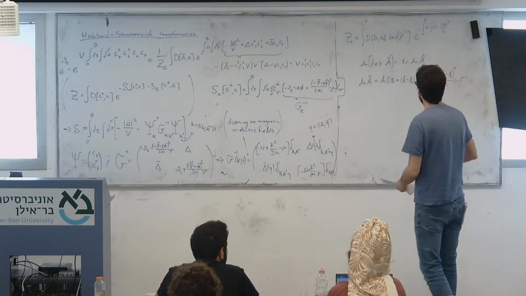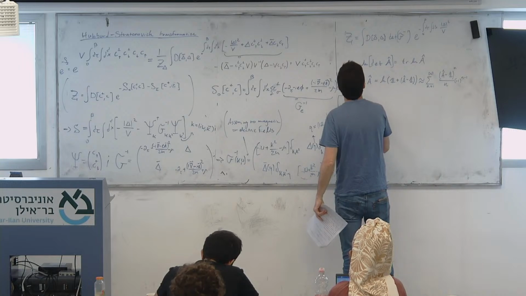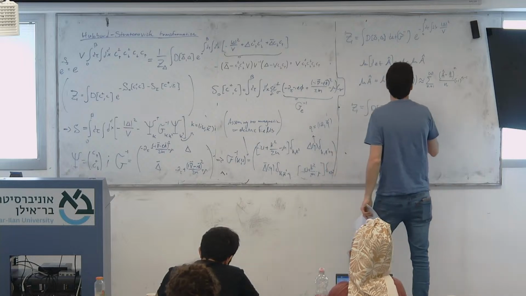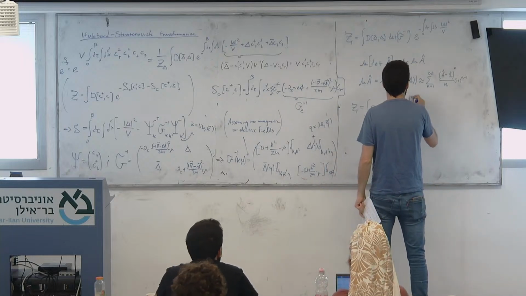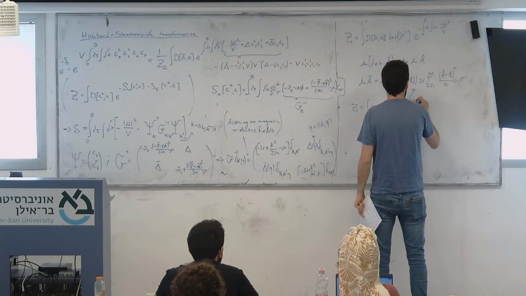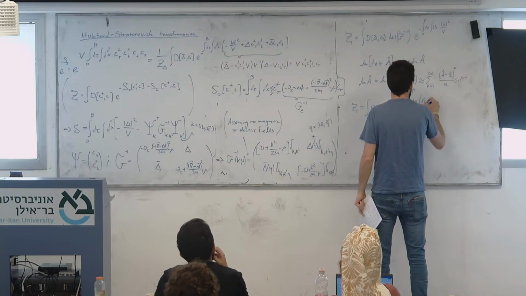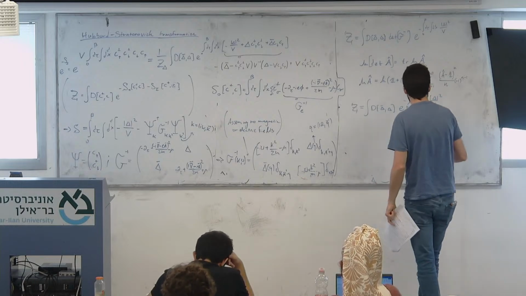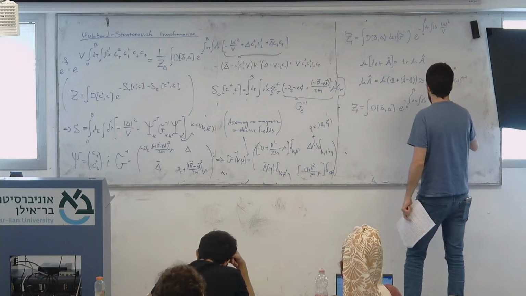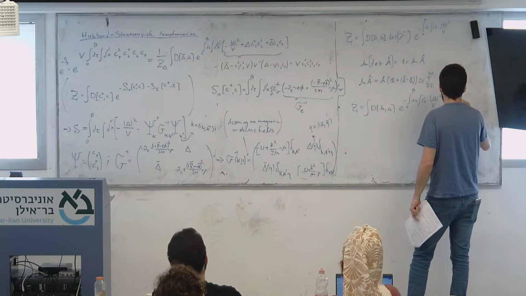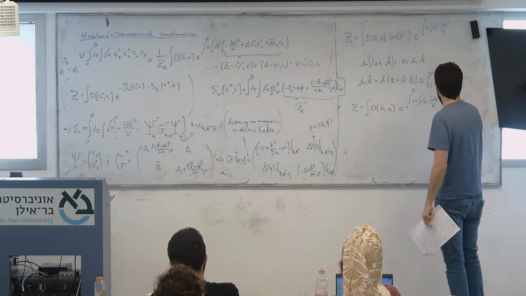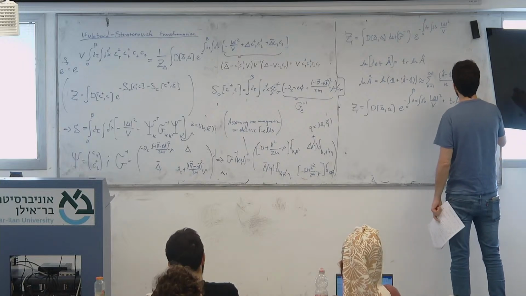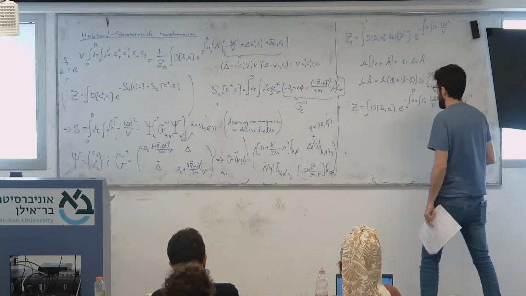Okay? So what that means is that we can write this Z as the integral d delta bar delta of e to the minus the integral from 0 to beta d tau d dx of delta squared over v, minus a trace ln, or plus, if we're writing it like this, plus trace ln of this g to the minus 1.